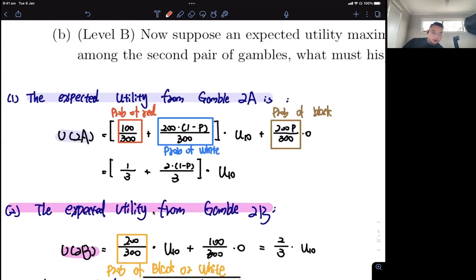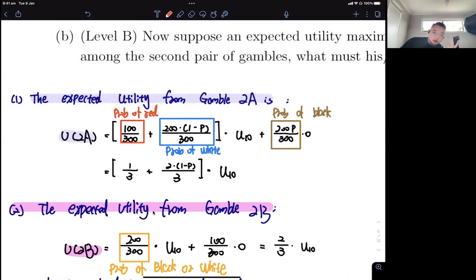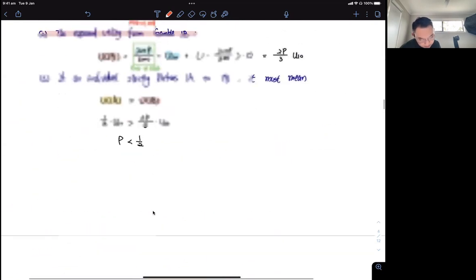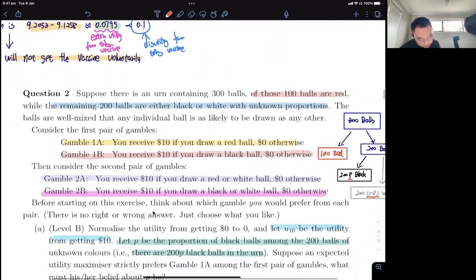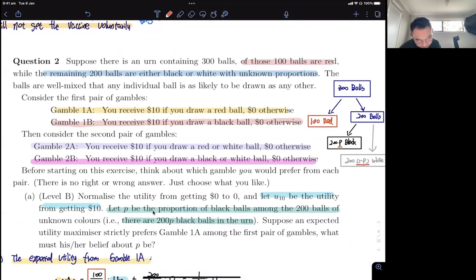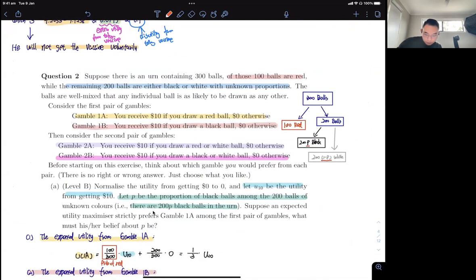So utility 2A equals 100 over 300, that's the probability of getting a red ball, plus the probability of getting a white ball. If you remember, gamble 2A says you receive $10 if you get a red or white ball. Very important word here: it's an or, so you can either get red or white, it doesn't matter, you'll get $10.